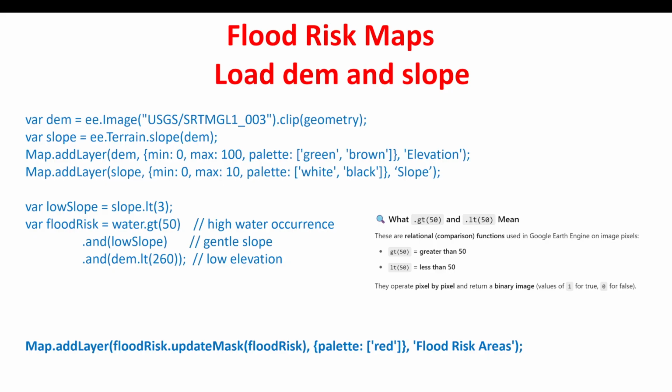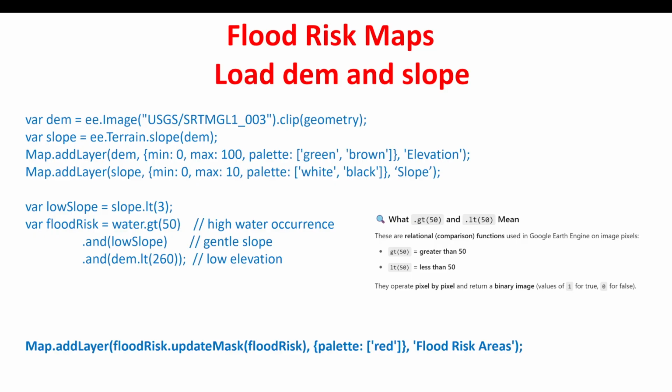So we have 50%, 60%, it all depends, right? Low slope means slope is less than 3 or 10 or like that. It all depends on the area, because my study area is somewhat a plain area, and DEM is less than 260 meters. In upstream of Delhi, the elevation ranges from 240 to 250 to 260.